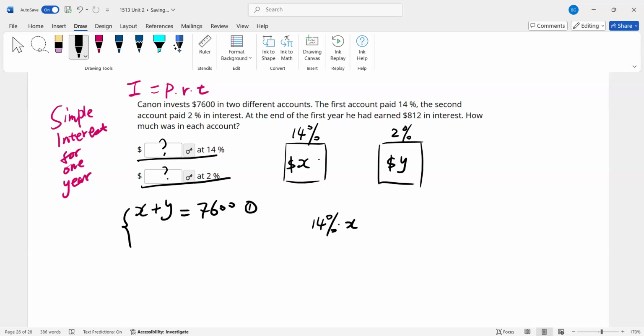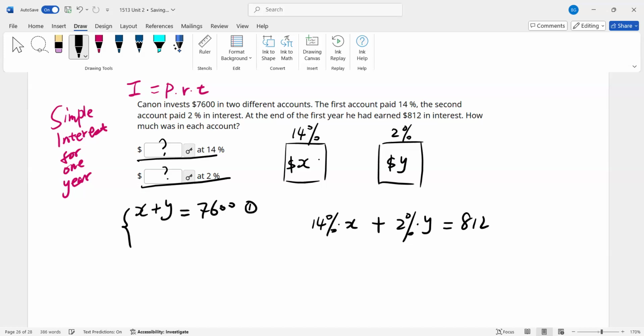Same thing for the second box: interest rate on top of the box, amount of money inside the box. Multiply them together, and that gives you the interest in dollars over that year from the second box. Added together is the total interest Canon received over that year, $812.